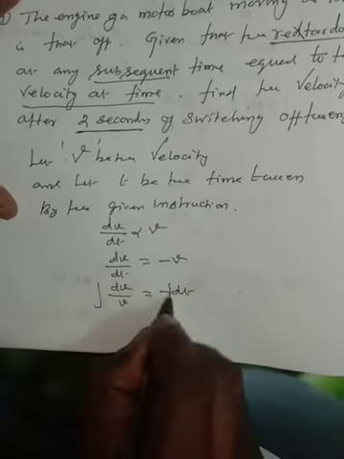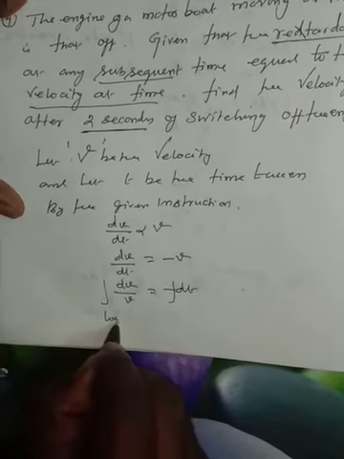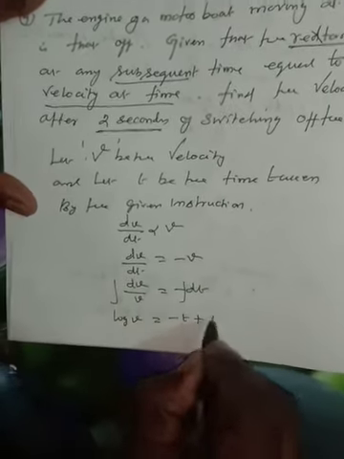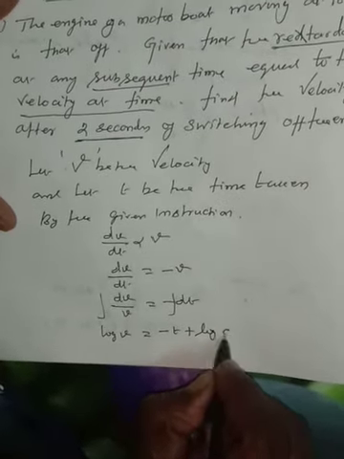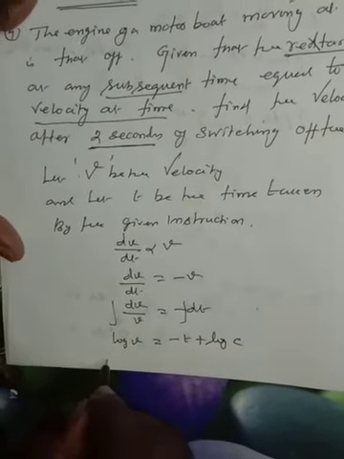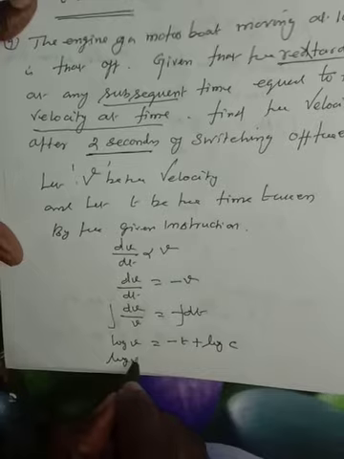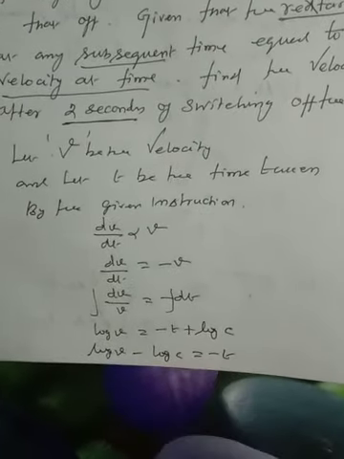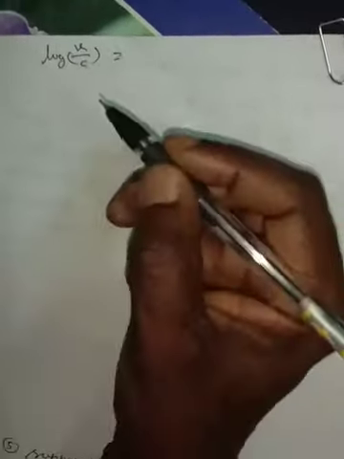Integrating both sides, we have log V is equal to minus t plus log C. Log V minus log C is equal to minus t, log V by C is equal to minus t.